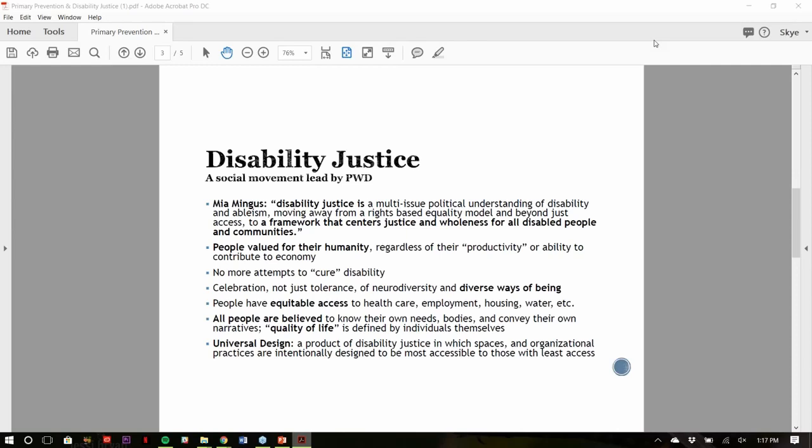And then the last bit about disability justice that's really important, particularly in thinking about violence prevention, is the idea of universal design. So this is the idea that was created through disability advocacy, that any kind of space, organizational practice, or anything else that we're doing at the community or organizational level especially, should be designed intentionally to support access for those with least access.